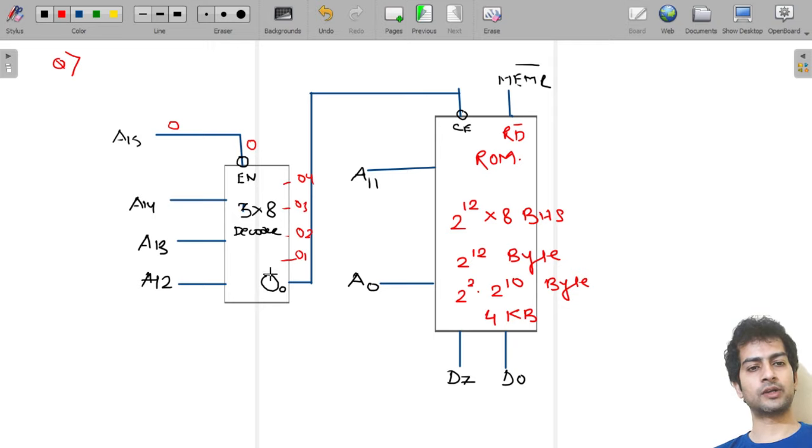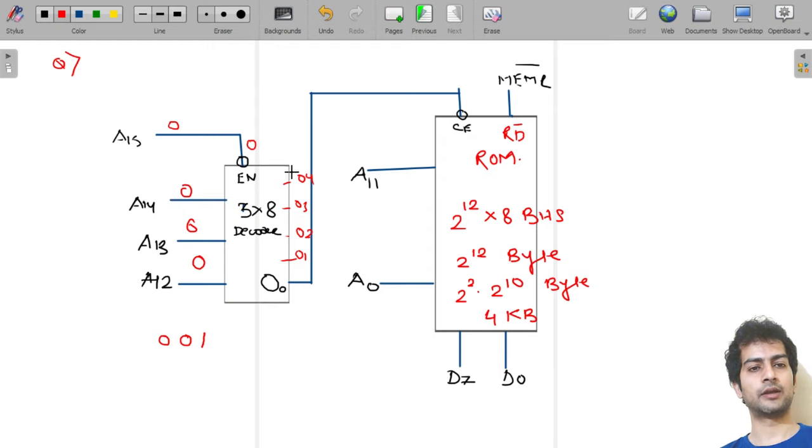So if we want to energize O0, we will require 0, 0, 0 here. If we would have required to energize O1, then what would we have put? We would have put 0, 0, 1.